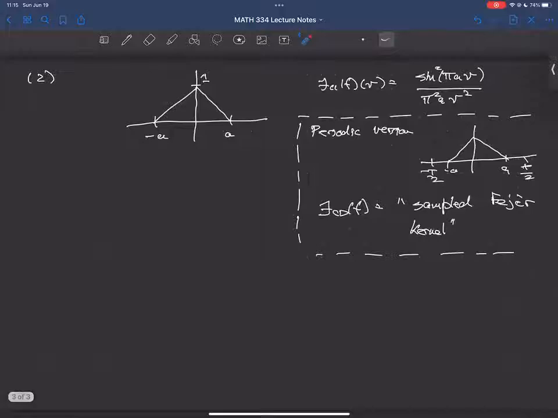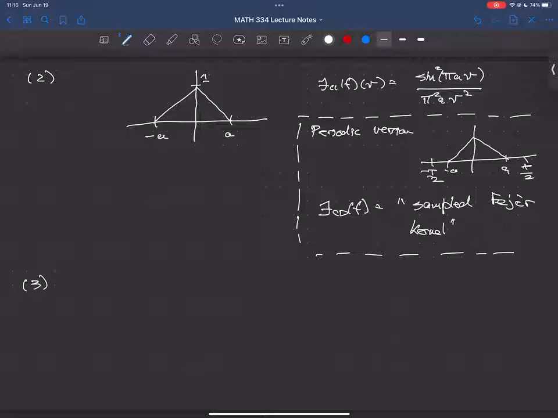Good. Let's look at another example that illustrates something else, okay? This one we're going to calculate because it's kind of a fun calculation to do. And it's not always computed properly.